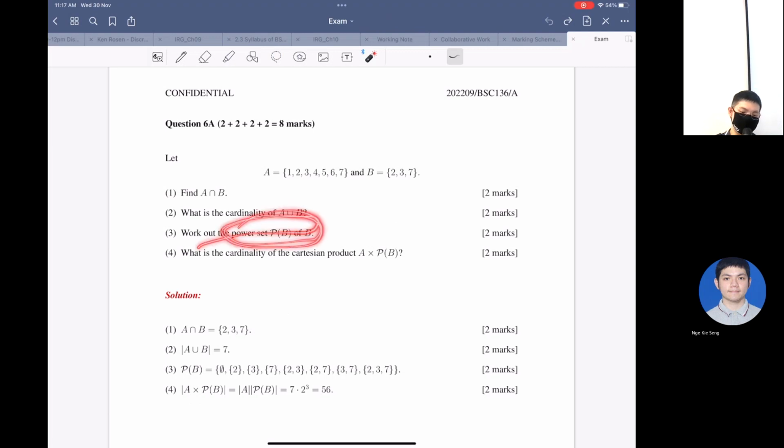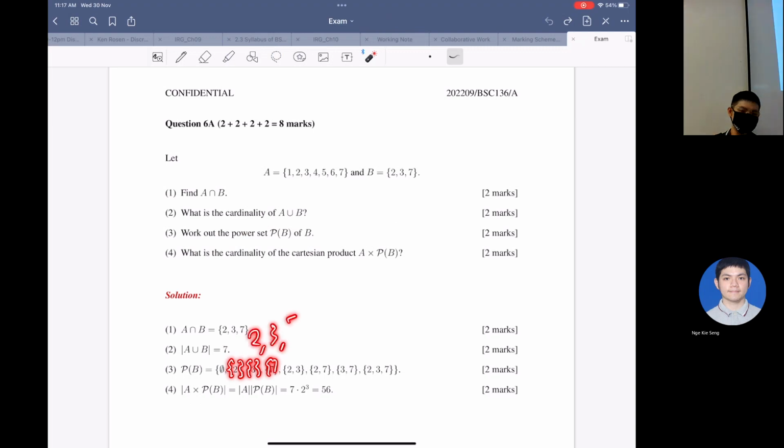This one, a lot of people forgot the empty set, or they don't put the set notation for the singleton. They just put 2, 3, 7. So these are all sets. And for the next one, I think most of you that can calculate did the right thing.